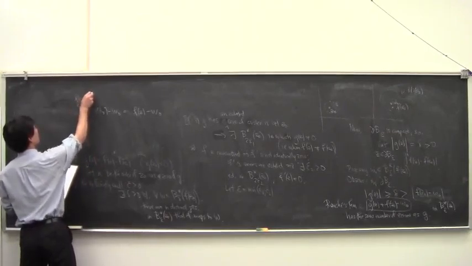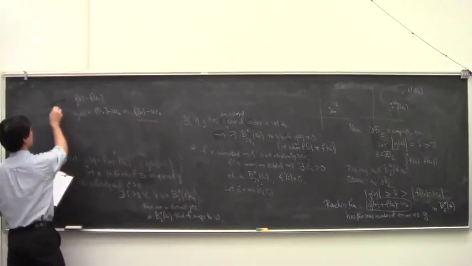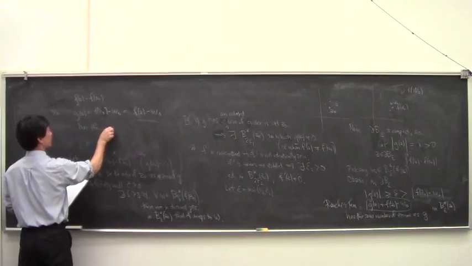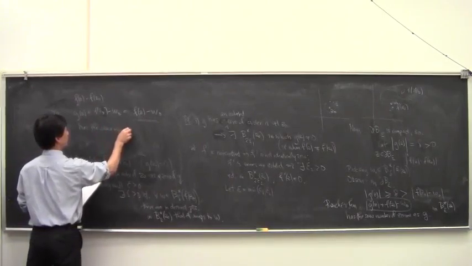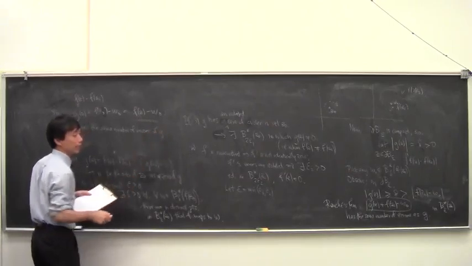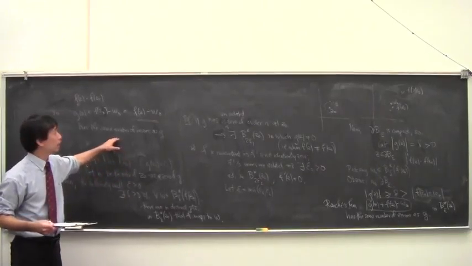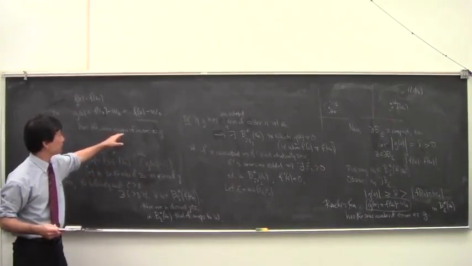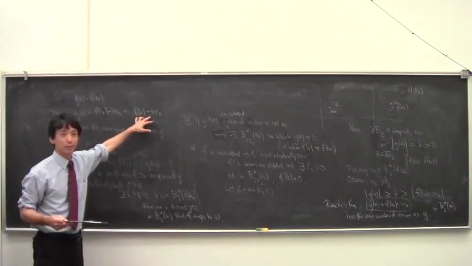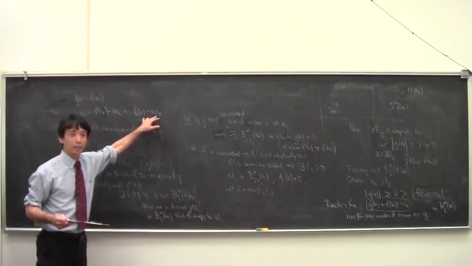So f of z minus f of z naught plus f of z naught minus w naught, that's this. So this has the same number of zeros as g. But g had n zeros, so this also has n zeros, and so f of z equals w naught n times inside there.